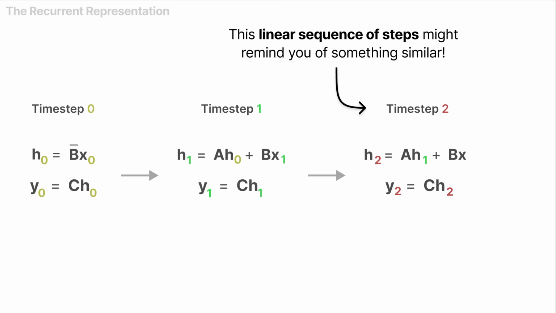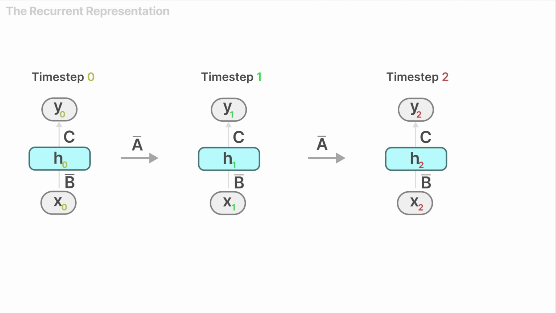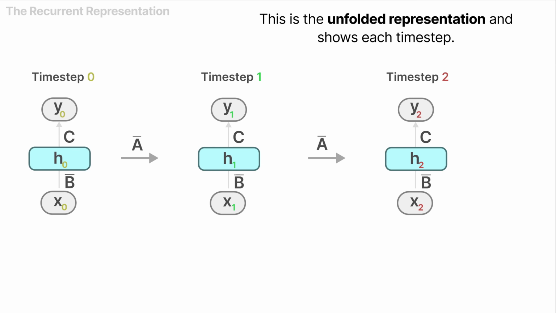This linear sequence of steps might remind you of something similar. Let's take a look. This representation is what we call the recurrent representation. This is the unfolded representation and shows each time step.